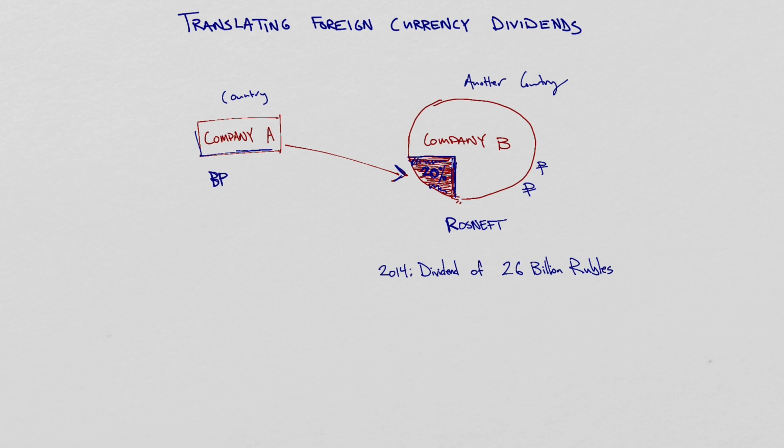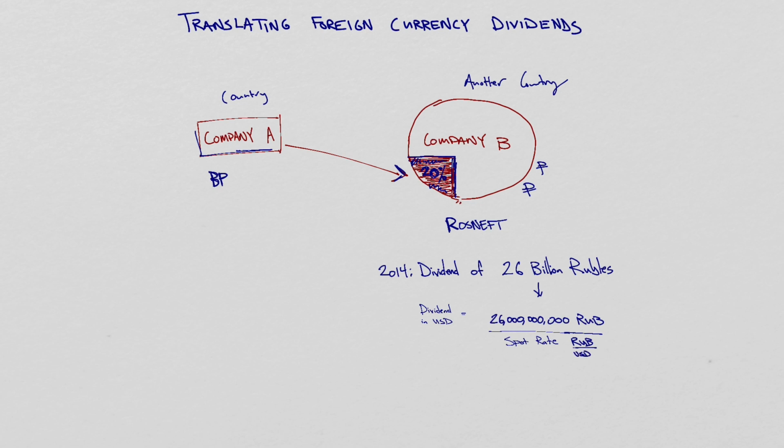And it sounds like a lot, and it is. But if we want to figure out how much that is in terms of dollars, we can use this formula. We take the dividend, this 26 billion rubles, and divide it by the spot exchange rate. And as long as we've got rubles on the top, in the numerator, then we can take the exchange rate in rubles per dollar here, and it'll come out all right.